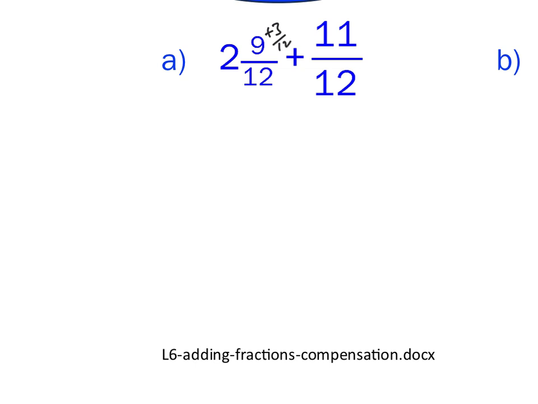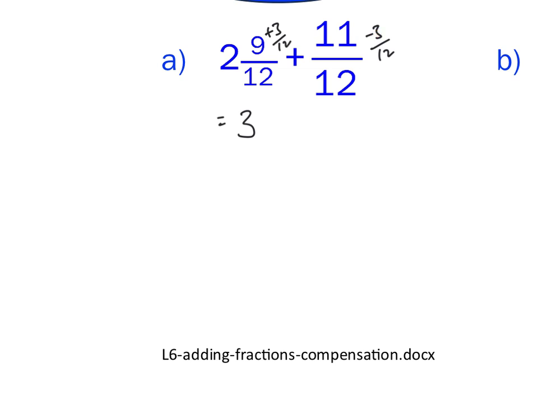Remember I said we can use compensation on both of the fractions. So this is a slightly different spin. If I add 3/12 to this one to make this 3 wholes, I can subtract 3/12 from this one right now. So what's 11 subtract 3? 8.